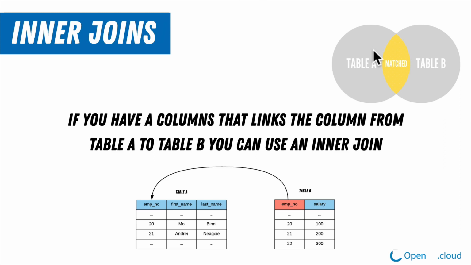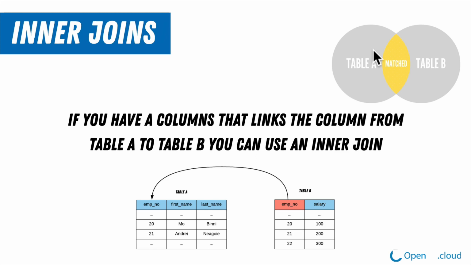What an inner join does is it finds the intersection of two data sets based on a link, and it returns you that subset. Now, I said a lot of words there that are very technical, but let me break it down for you.